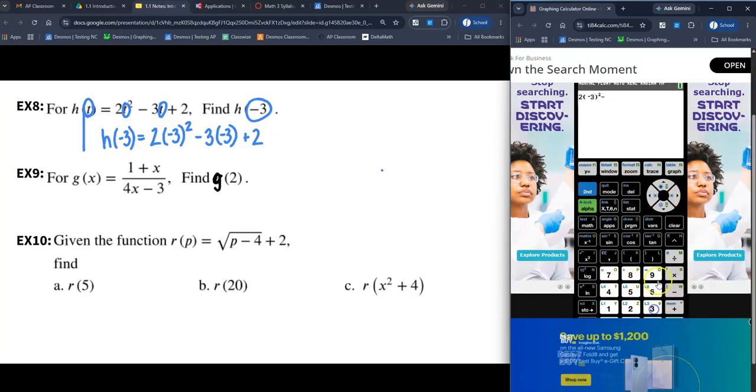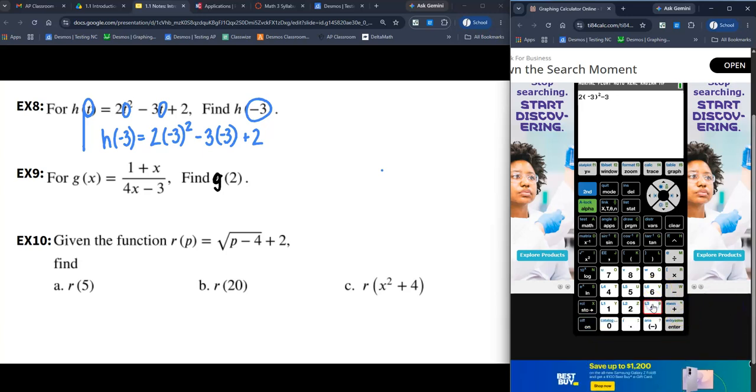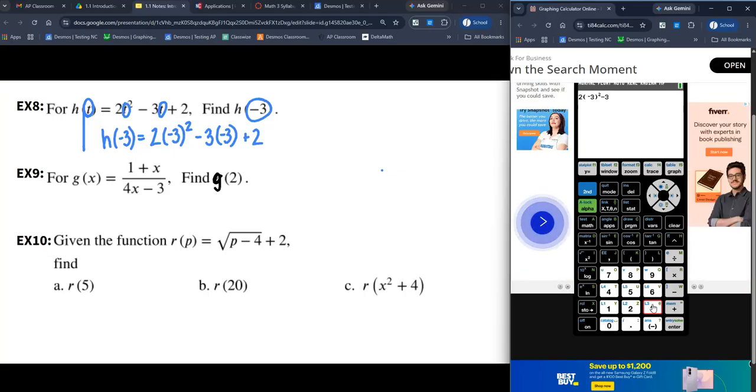Oh, what's happened? It's also doing weird stuff up here that you can't even see. So if you want to use the calculator, you have to plug in all those parentheses. If you leave them off, it will definitely sometimes give you the wrong answer.